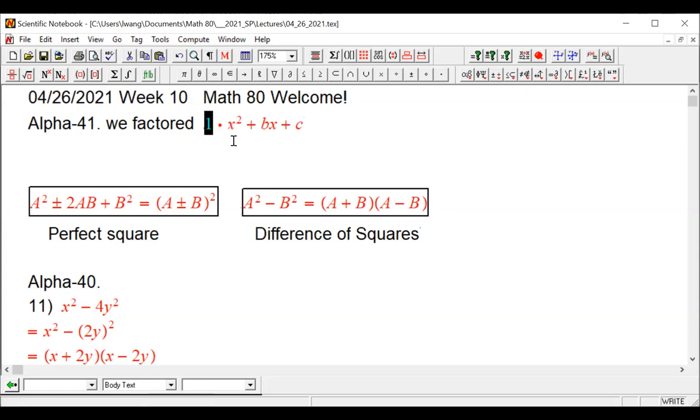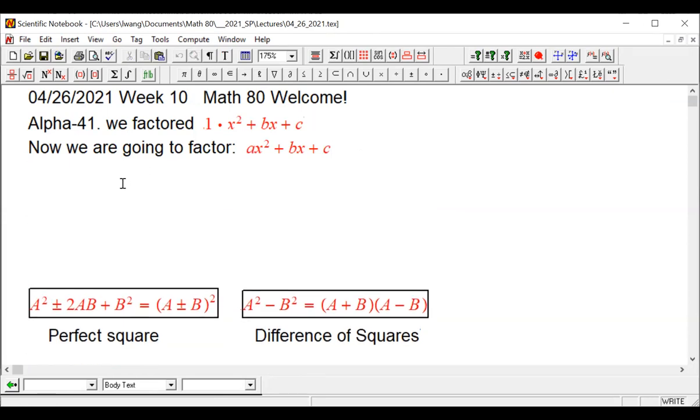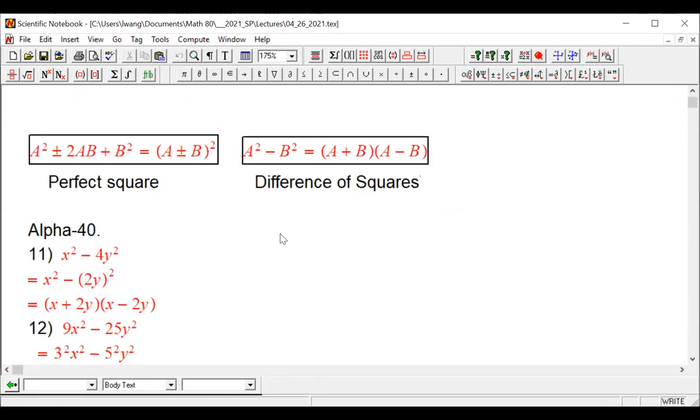So we factored these. Now we are going to factor a times x squared, so a is no longer 1, or a may not be 1. Okay, so let's see how we're going to work with this.